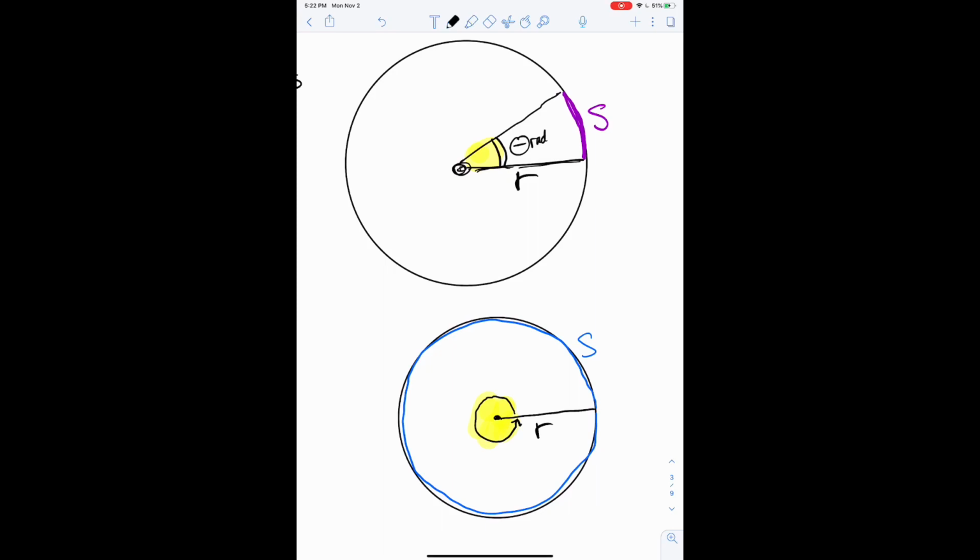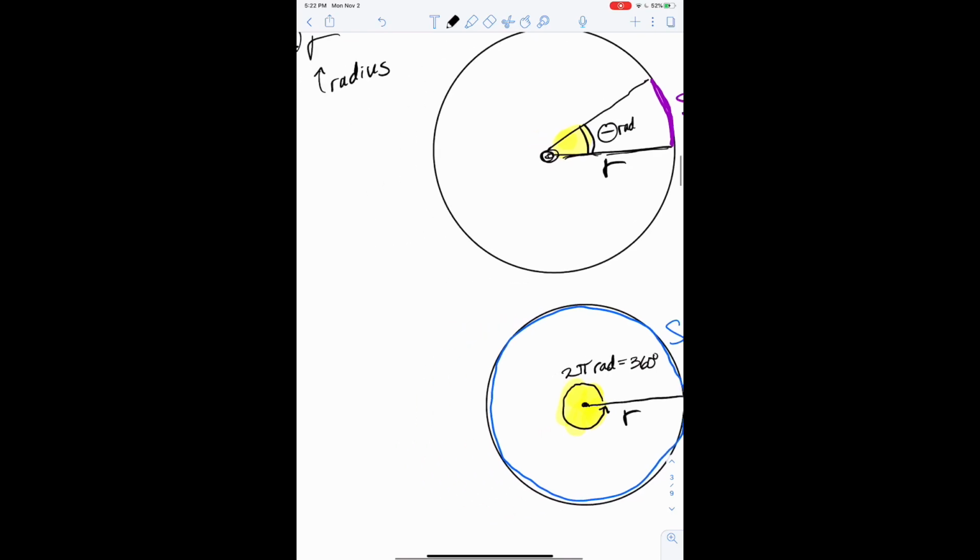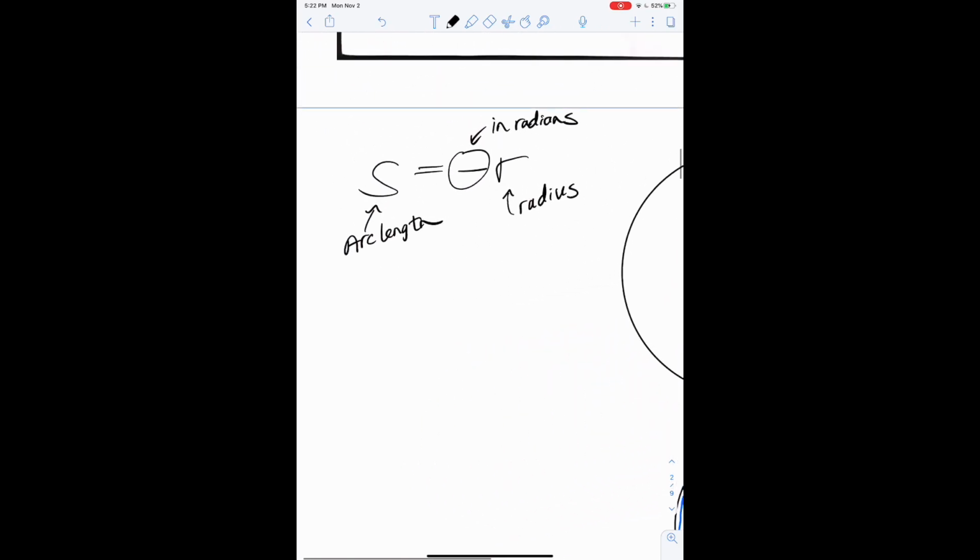How are you expected to know that? I think this is one of those things you got to remember. So 2 pi rad is the same as 360 degrees. Okay, so you go all the way around the circle, which is 2 pi radians. Let's look at that. So we're saying here that your theta in radians is 2 pi rad.